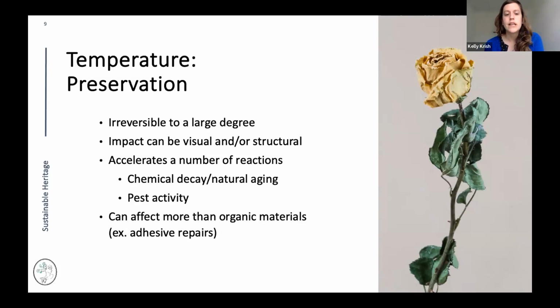It can also influence other types of reaction. For example, pests tend to be more active at higher temperatures as well. And other things like pollutant damage or light damage tend to be worse at higher temperatures. So it's kind of a catalyst for those. It also can extend to more materials other than just what we might think of, other than organics, which would be your papers or taxidermy specimens.